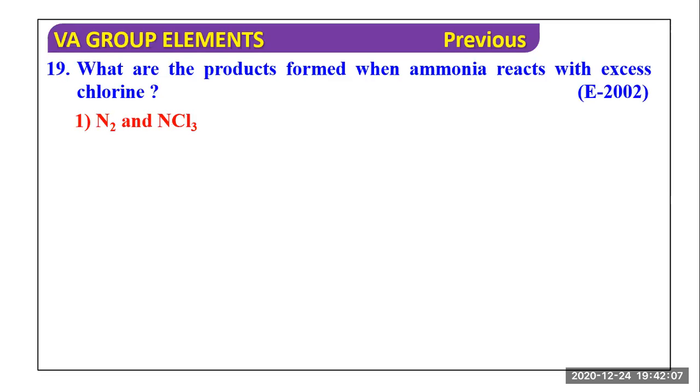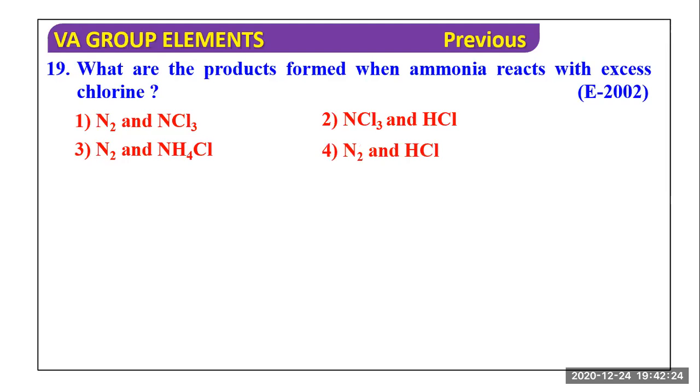Now, what are the products formed when ammonia reacts with excess chlorine? Option 1 is nitrogen and NCl3, option 2 is NCl3 and HCl, option 3 is N2 and ammonium chloride, option 4 is N2 and HCl. Which one is the correct?